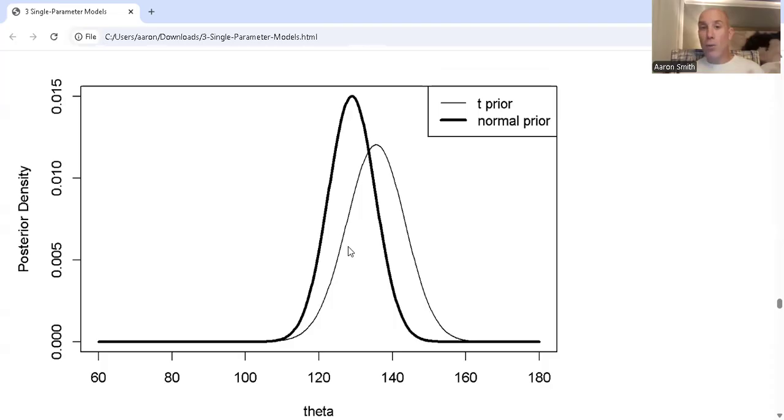They're not in wildly different regions, so they're overlapping quite a bit. Now, with the distribution that was more spread out, the t distribution, notice that the data had more influence on the situation. That's important to be aware of: if I have a more spread out prior distribution, it's more vague, more uncertain of how things are going to go, and then the data can speak louder, which we can see in this picture right here.